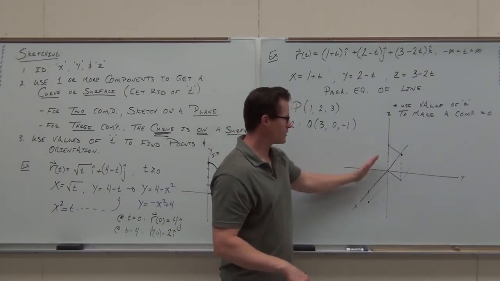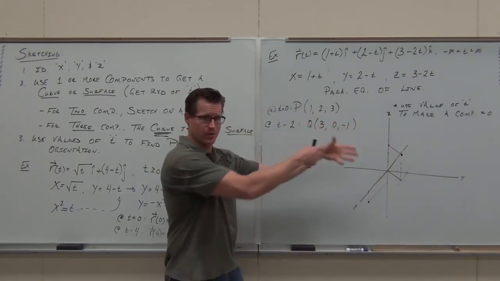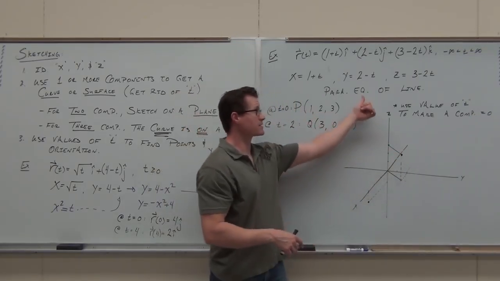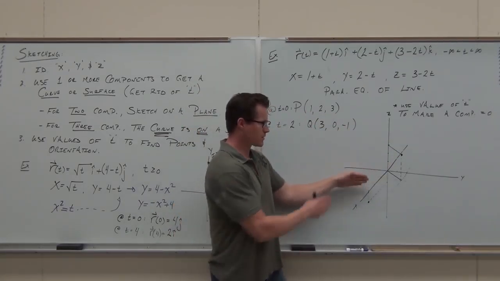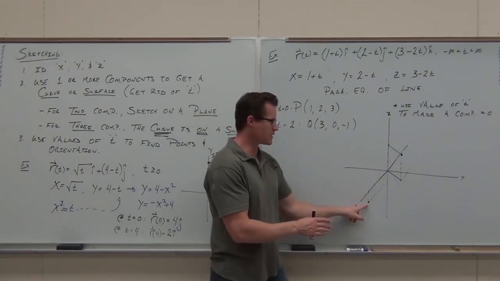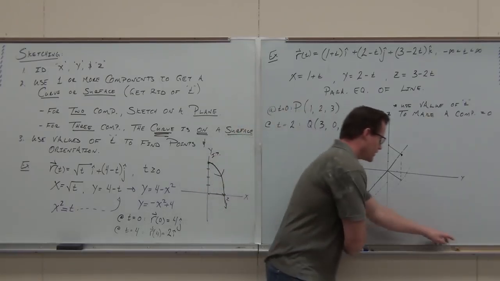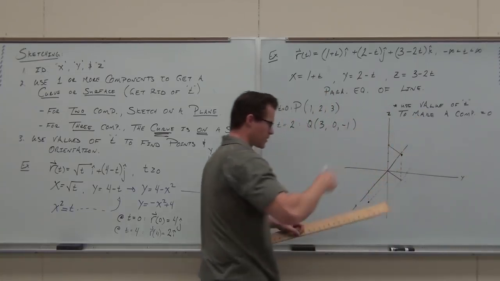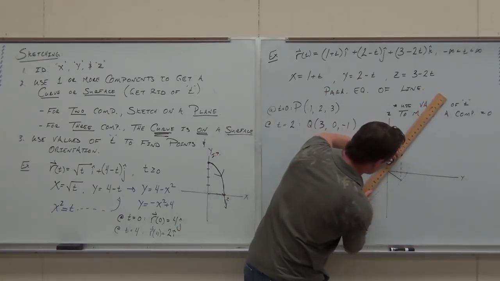We went out 1, over 2, up 3. That's 1 point on this line. Hey, we had it a long time ago. I'm showing you how to do it. Plug in something that makes one of these 0 because it's way easier. This is 3, 3, 0. I didn't move. Down 1. That's the other point. How many points do you need to make a line? 2. So now we go, hey, this line in purple is simply going to go through these 2 points.